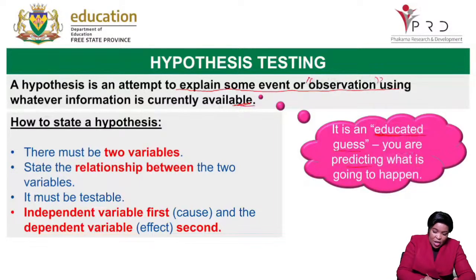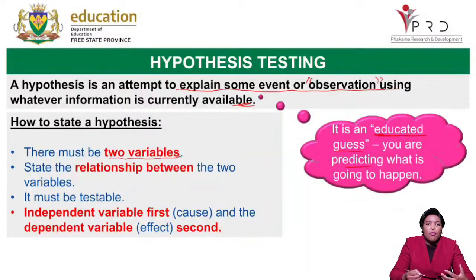So in your hypothesis, there must be two variables when you formulate it. You must tell us that the growth of plants will increase when it is exposed to light.